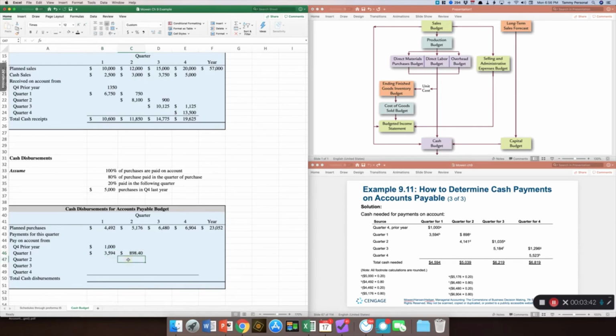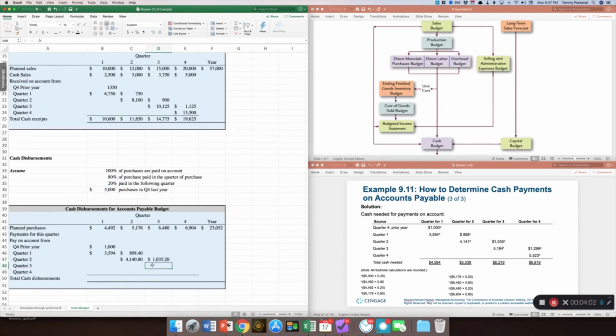Okay, in quarter two, we're picking up 80% of this quarter's purchases, and then in quarter three, we're going to pay the remaining 20% from quarter two.